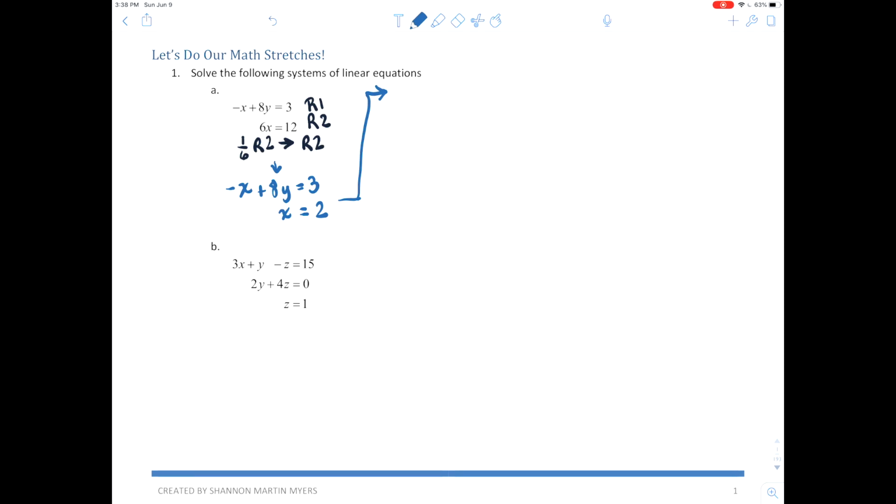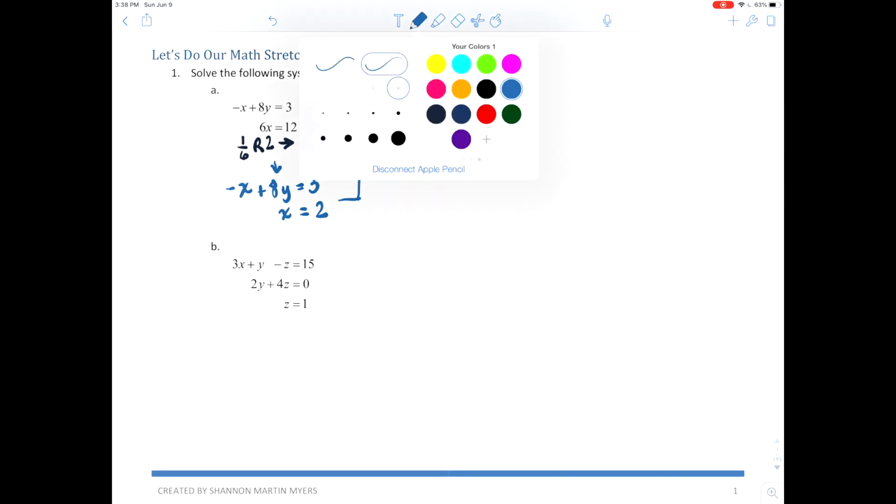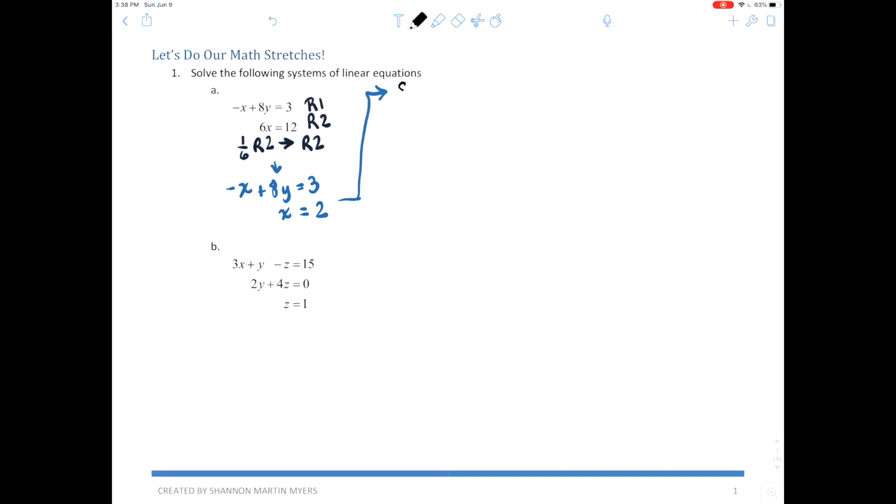Well, we know that x is equal to 2, right? So now we can just substitute x equals 2 into row 1, and that will enable us to solve for y.